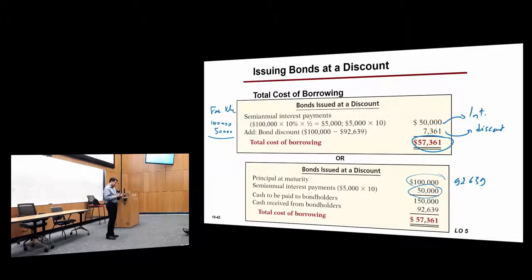They will have to pay back $50,000 interest, and they will have to pay back $100,000 as principal. So the company will have to pay $57,361. That's the cost of borrowing money by issuing $100,000 of bonds. Any questions about this?